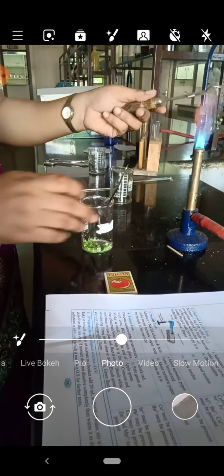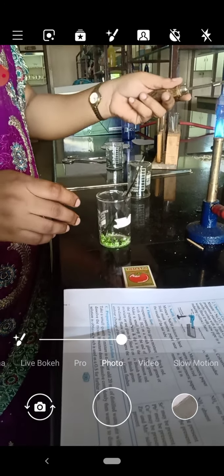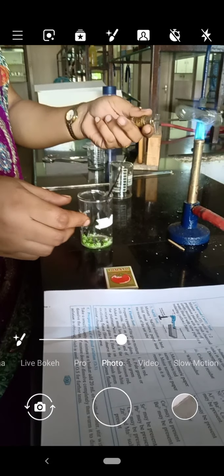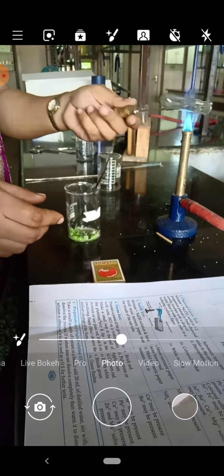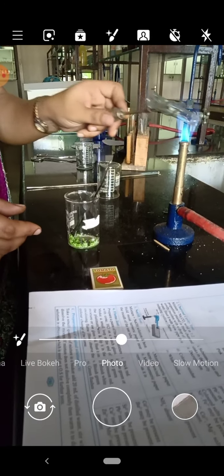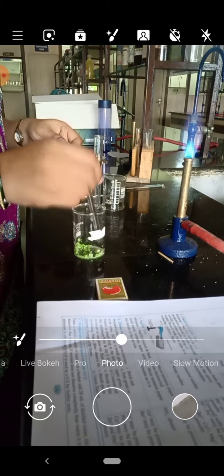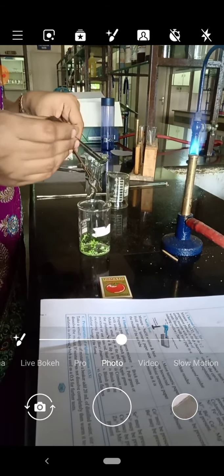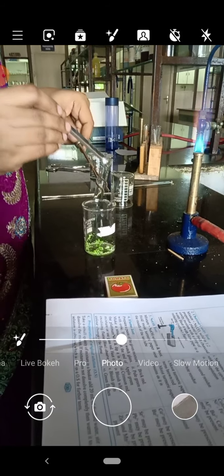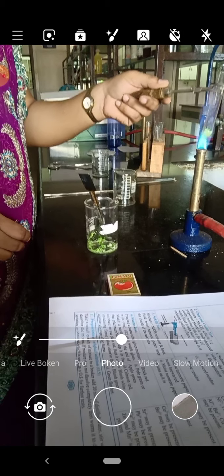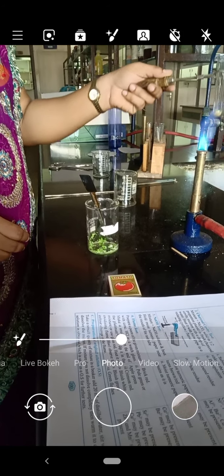The test is we have to heat the mixture. This is our given mixture. We have to take a small quantity of mixture in a test tube and heat it for a few minutes, and observe the changes: which color gas is evolved, if any cracking noise is there, and don't heat continuously.